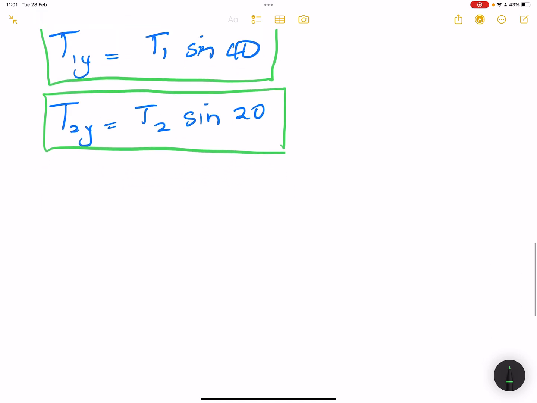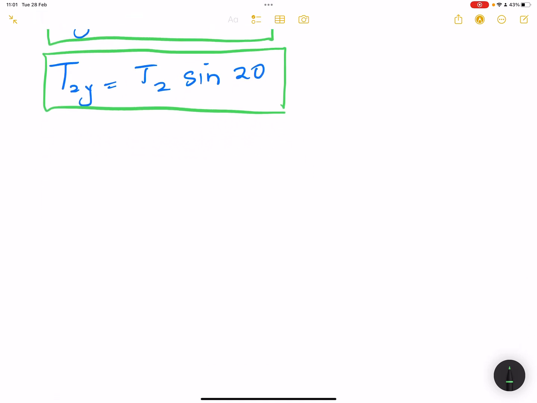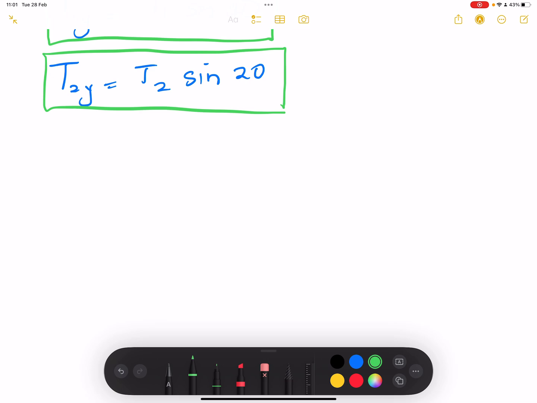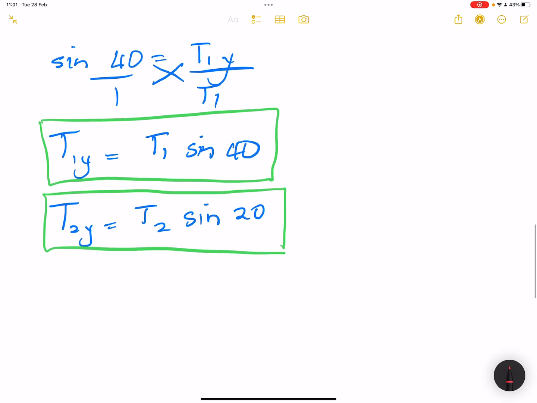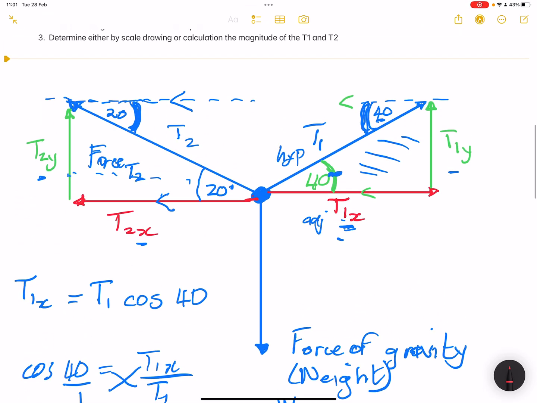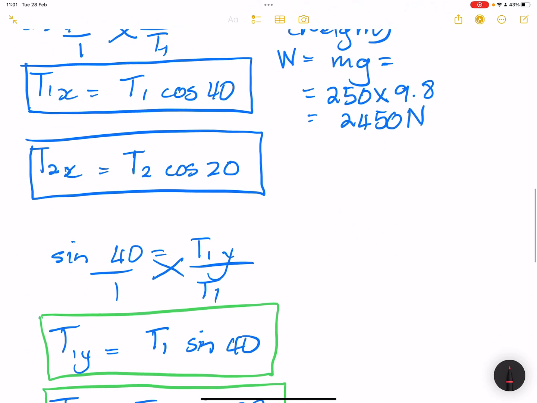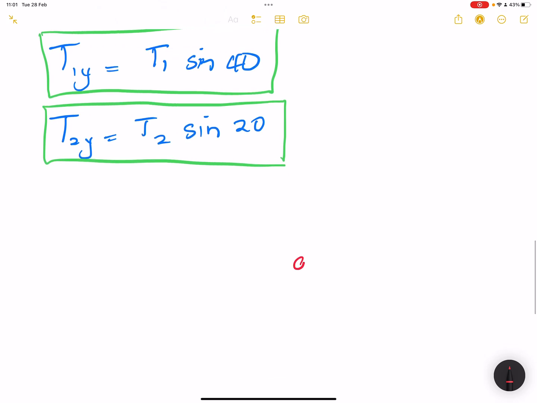Now I want us to do the following. Let's look at the forces in red, the forces that are acting horizontally.